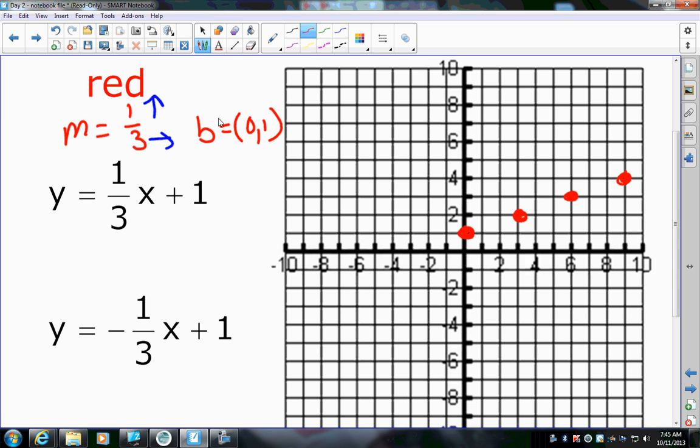I can go backwards. Down 1 to the left, 1, 2, 3. Down 1 to the left, 1, 2, 3. And then I'm going to draw my line.